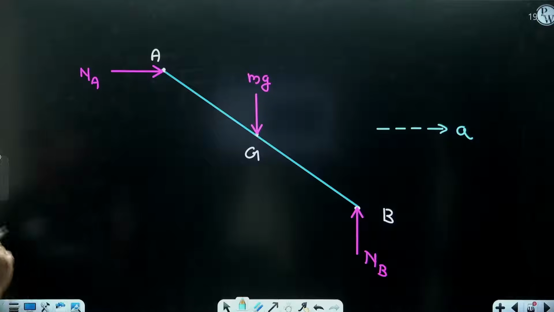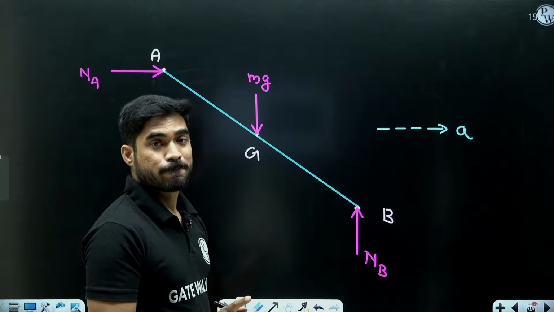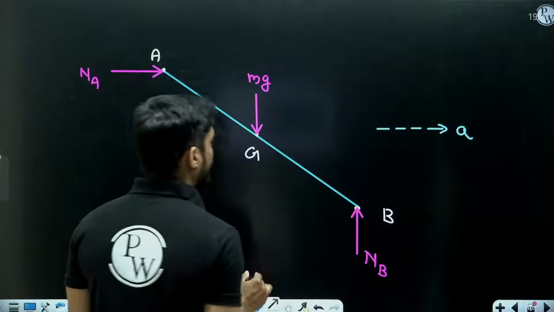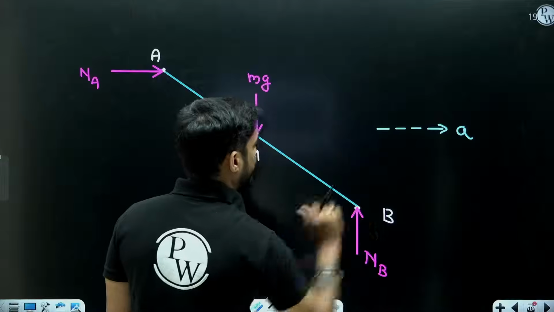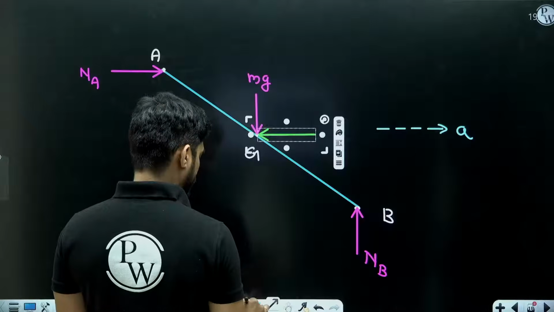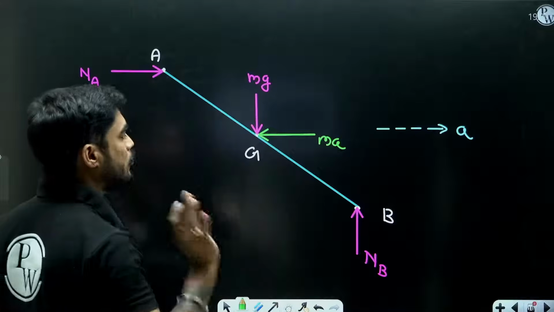But if I want to take moment, I will have to apply D'Alembert force. It is moving to the right with an acceleration a, so the D'Alembert force will be to the left, ma. Now you are free to take moment.